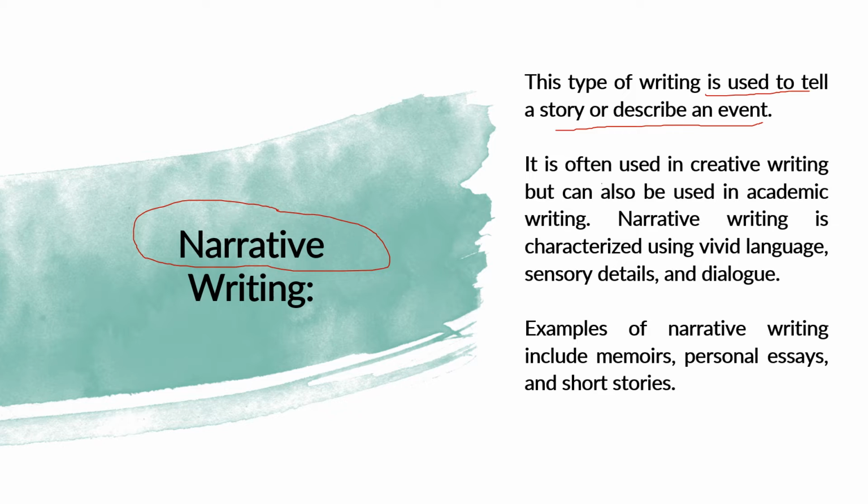It is often used in creative writing, but can also be used in academic writing as well. Narrative writing is characterized using vivid language, sensory details, and dialogue. Examples of narrative writing include memoirs, personal essays, and short stories.